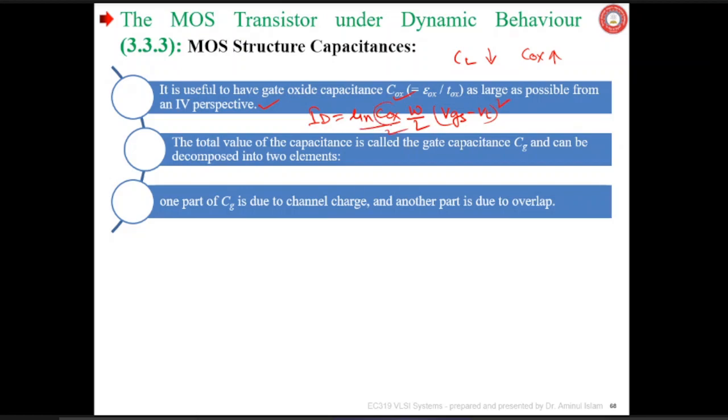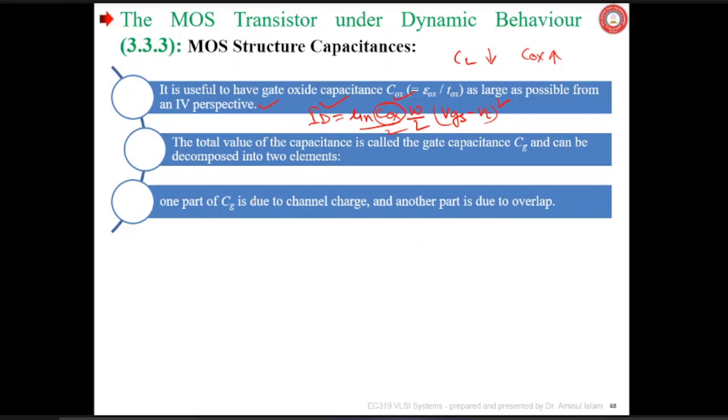If COX is higher, then the current supplied by the MOSFET will be higher, and hence the load capacitance can be charged and discharged much faster, and the circuit is going to be faster. So the statement says that it is useful to have gate oxide capacitance as large as possible from an IV perspective.